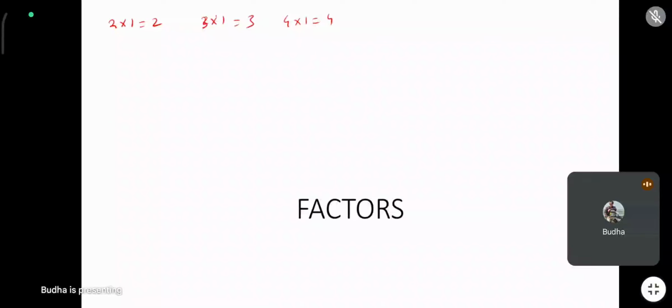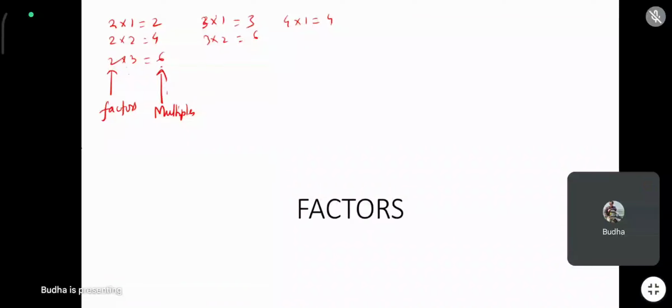Now if you look, we have two sides, the right hand side and the left hand side. This is called multiples, and these are called factors.